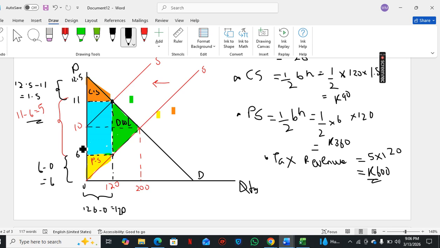Then the length of the blue box, you come in here at the bottom, it says from 0 to 120. So it's 120 units long. That's the breadth. So the tax revenue, the area of the box, b times h. I'll put it here, h times b, yes.